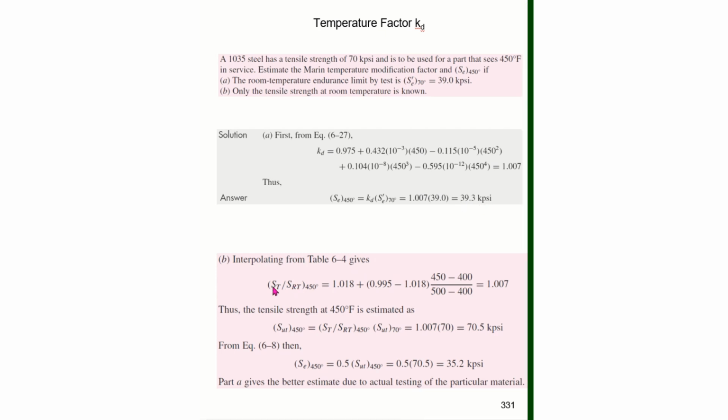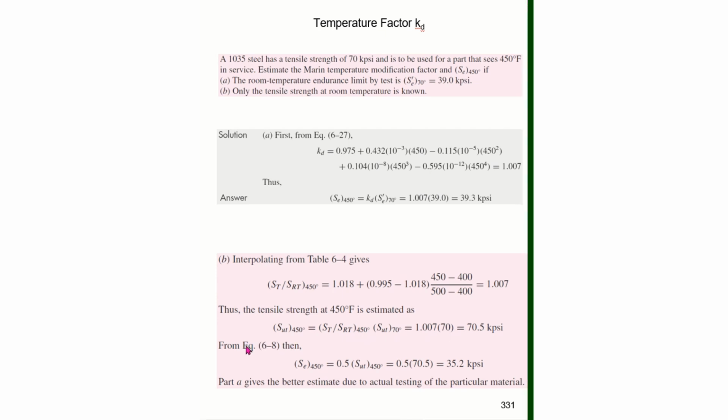Now, if only the tensile strength at room temperature is known, then I need to come down here, and my SUT at 450, I can modify my SUT. And here I modify my SUT by ST over SRT, and I get 1.007 times the 70 to give me 70.5.